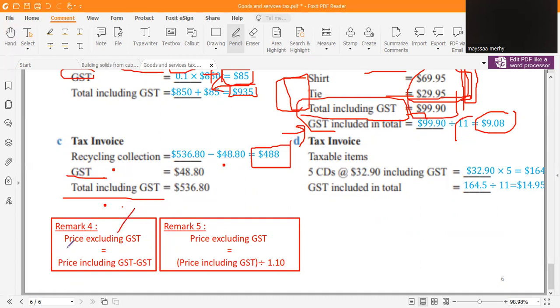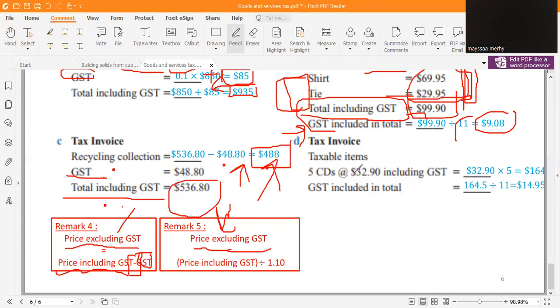Or we can use the second method and you will obtain the same number. If we take the price including GST and divide it by 1.10, we will also obtain $488.